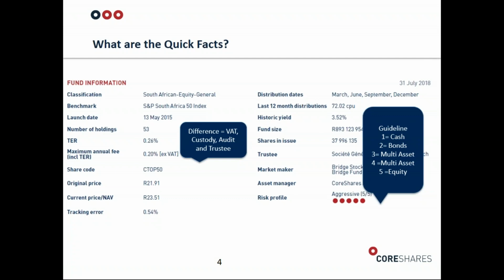Richemont, another close to 10% of this portfolio, is a European luxury goods seller who's predominantly growing their earnings in China, Europe and America. So you need to understand what's in your portfolio to understand what's going to happen if a recession hits South Africa or the globe.